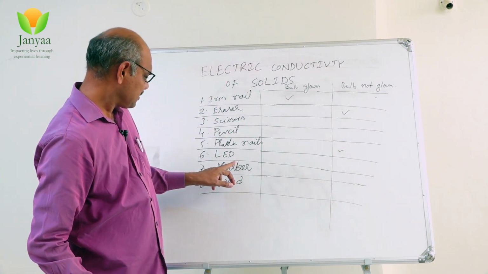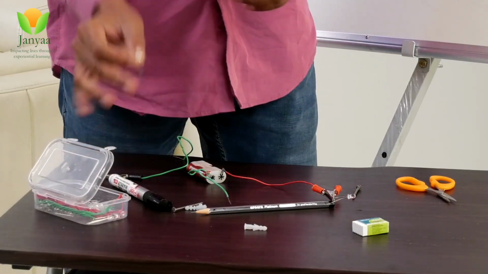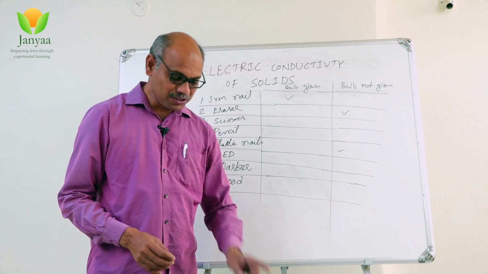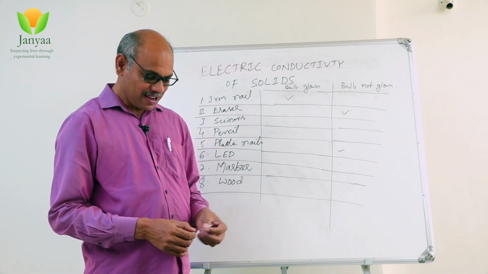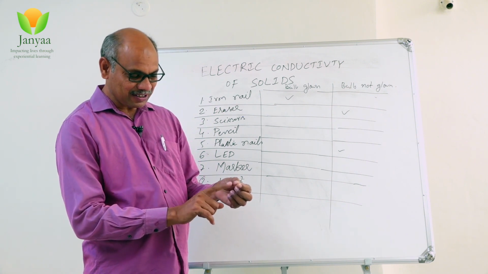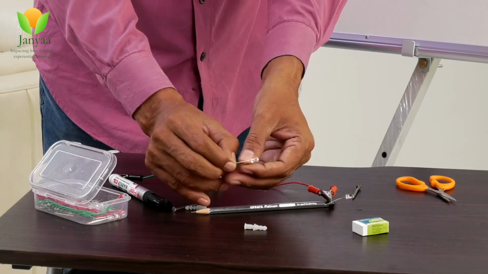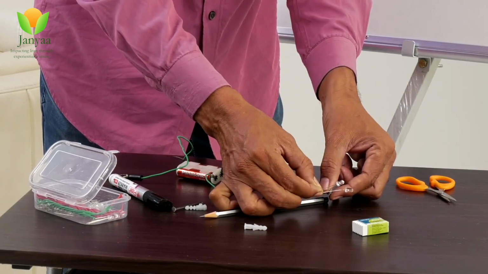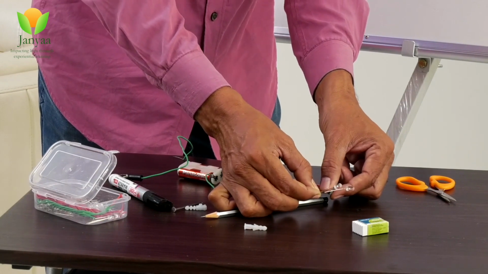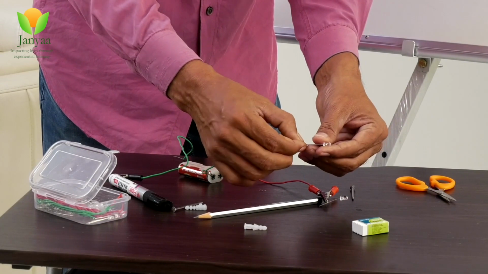And later, an LED bulb. Let us take another LED and see what happens. Anyway, the LED is glowing. Now what I do is, you see, I am connecting the long lead to the negative terminal and the short one to the positive. Did the bulb glow? No. Now let us see.